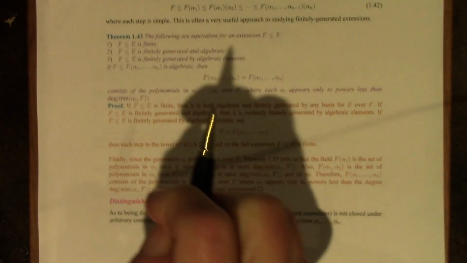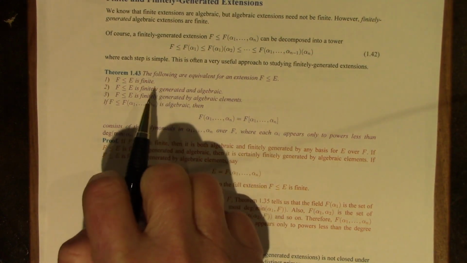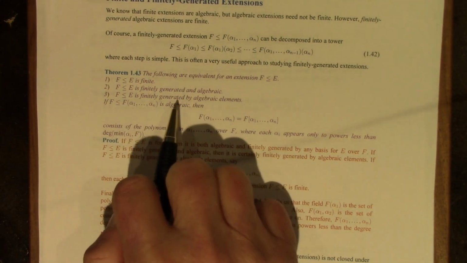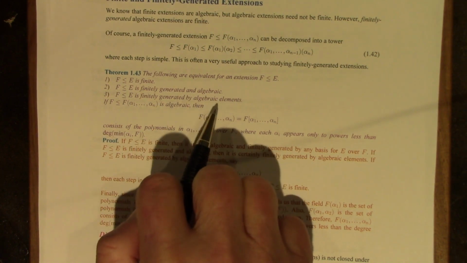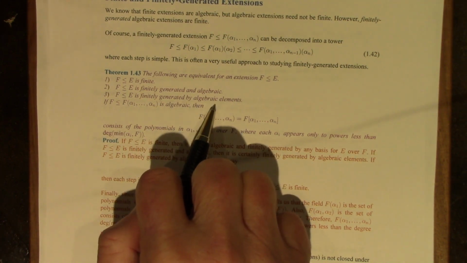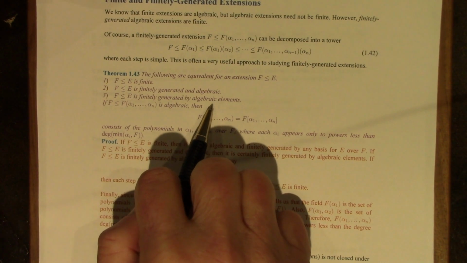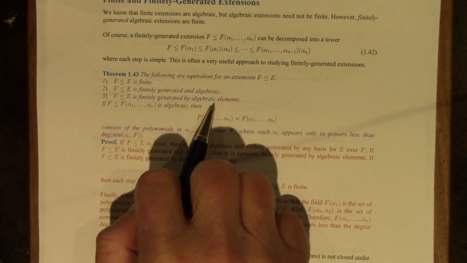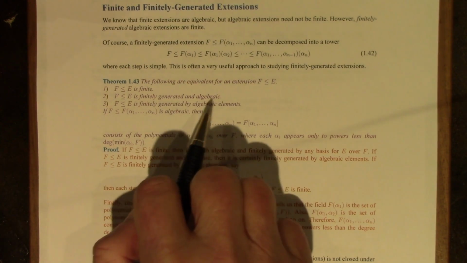Okay, so the important takeaway here is that if E over F is finitely generated by algebraic elements, I think I referred to that as algebraically generated, you'd have to say finitely algebraically generated, that's a little awkward.